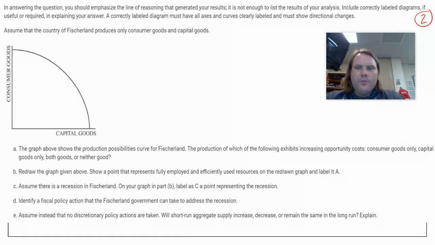All right. The production of which of the following exhibits increasing opportunity cost: consumer goods, capital goods, or neither good? Give me a quick second here.